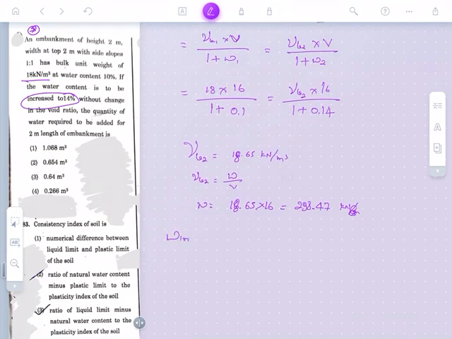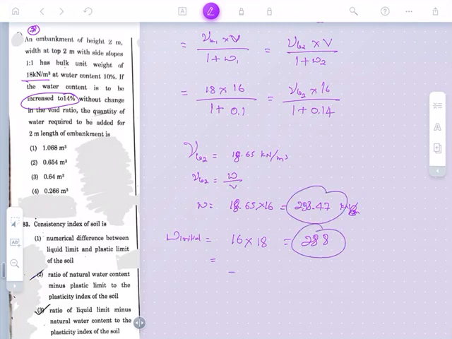Initial weight will be volume 16 into 18 bulk unit weight, which will be 288.